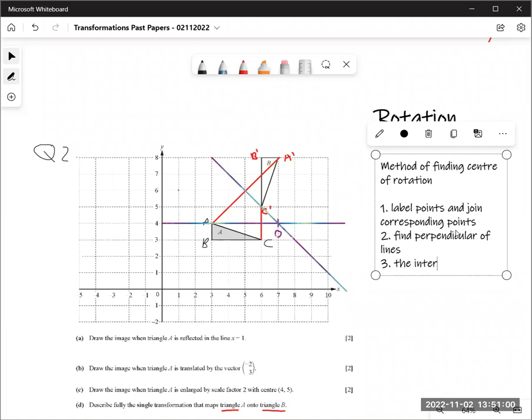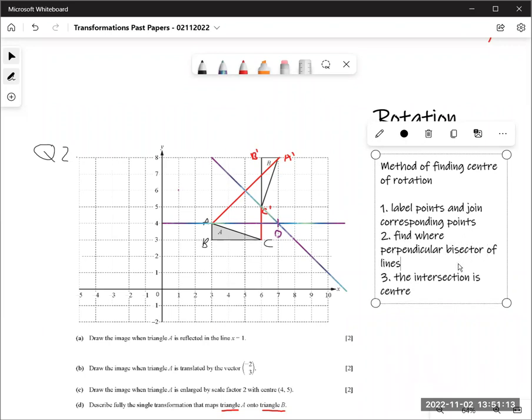The intersection is the center. So find where perpendicular bisectors of lines intersect for the center.